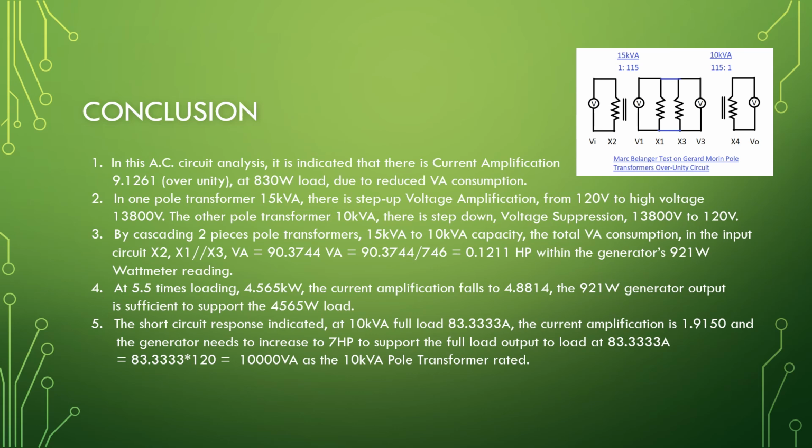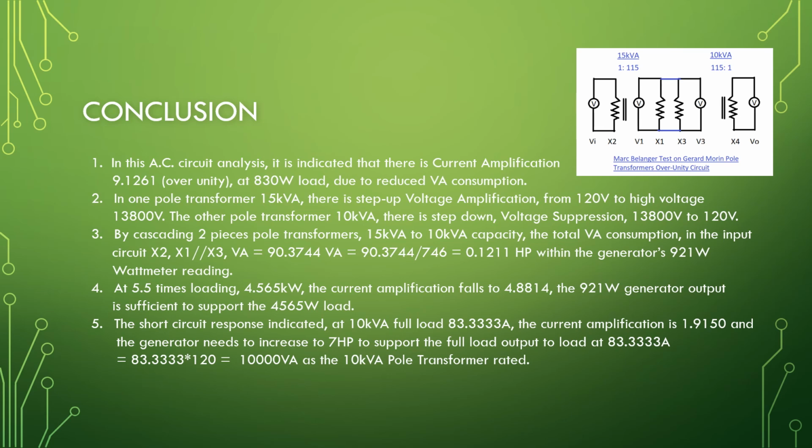In one pole transformer, 15 kVA, there is step-up voltage amplification from 120 volt to high voltage 13,800 volt. The other pole transformer, 10 kVA, provides step-down voltage suppression from 13,800 volt to 120 volt.